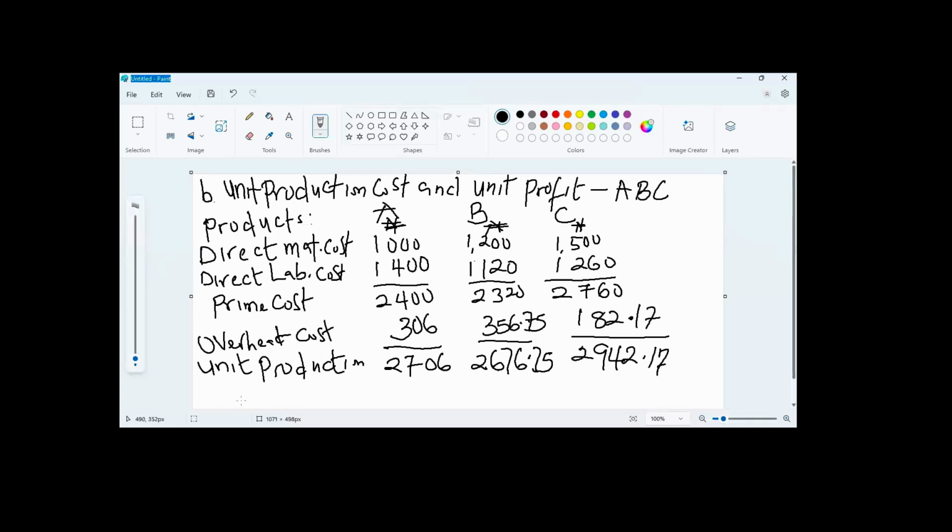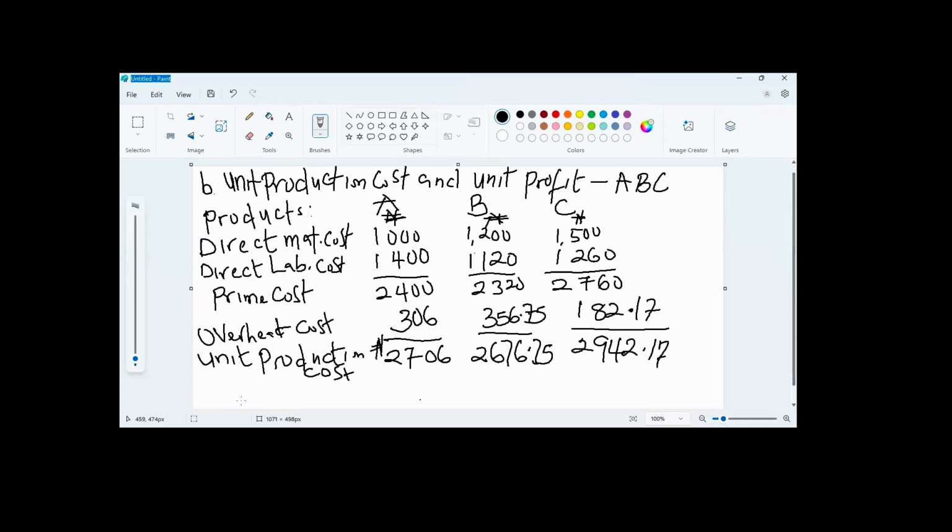This is unit production cost. I want to put cost here. This is Naira. Then you can get your profit. What is the markup? 25%. Markup 25%. That is your unit profit. 25% of 2,706.